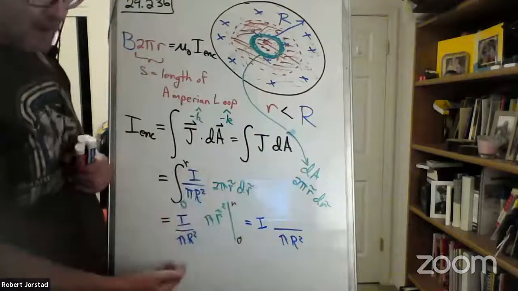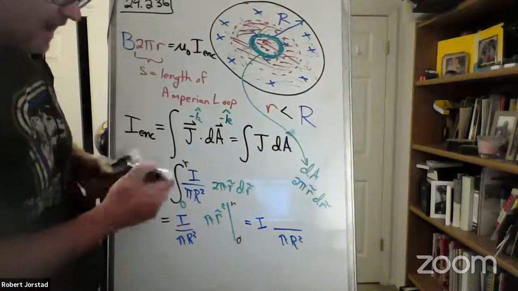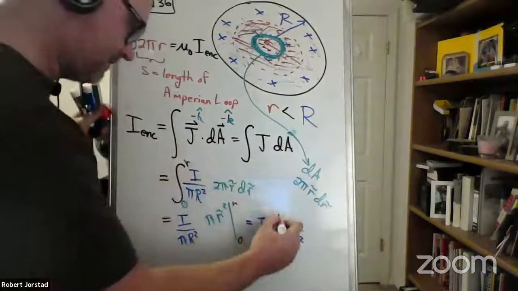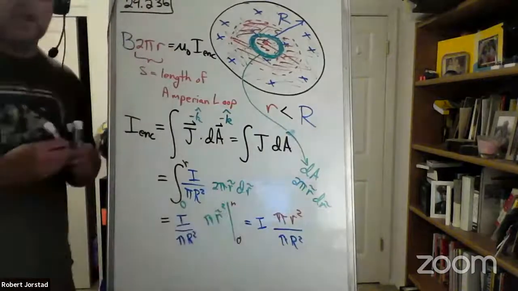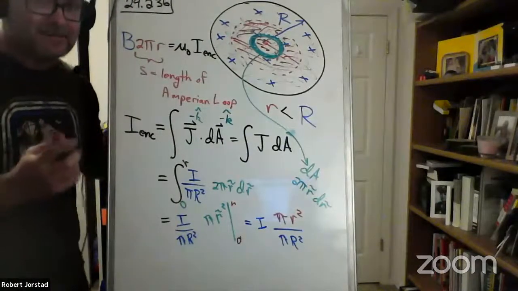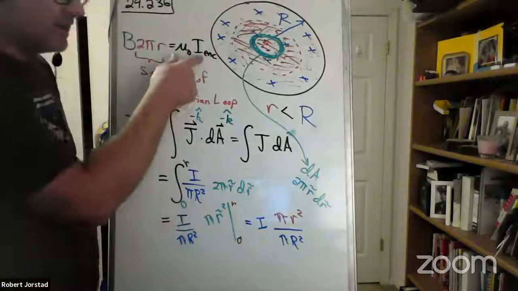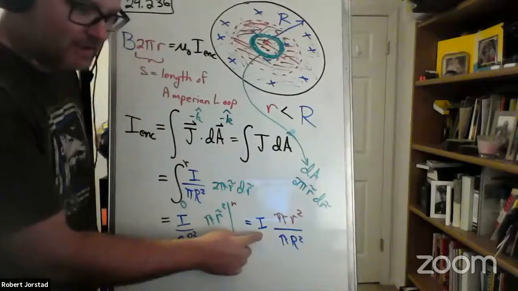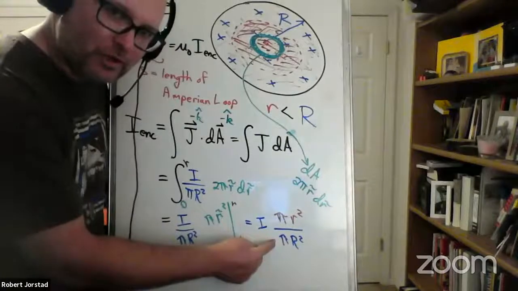When I integrate that, I get a pi r squared here, and notice in the end, I get pi little r squared. So if uniform, the current enclosed is current total times Amperian area over total area.